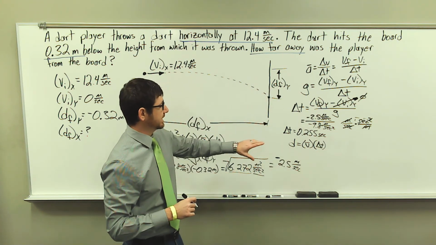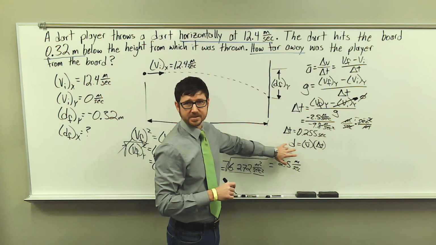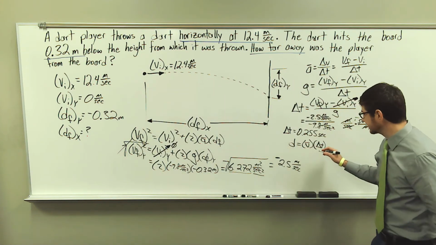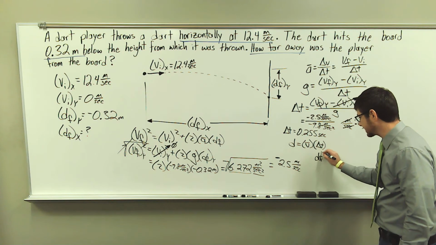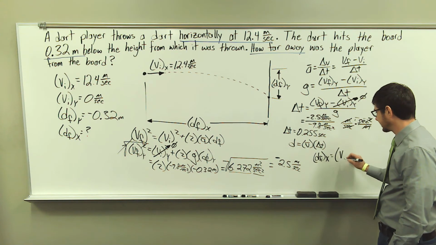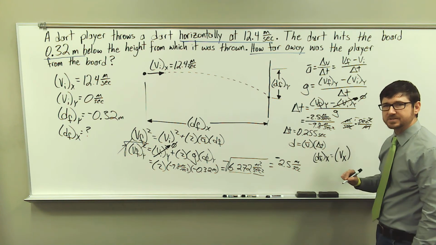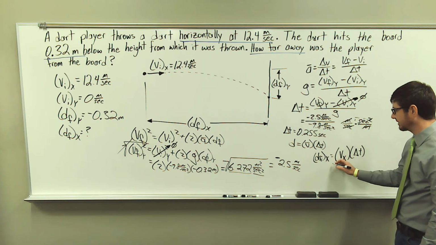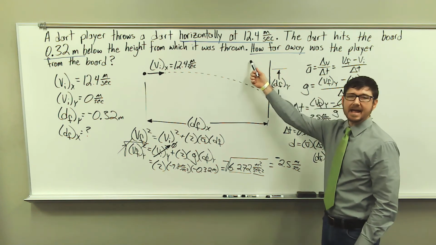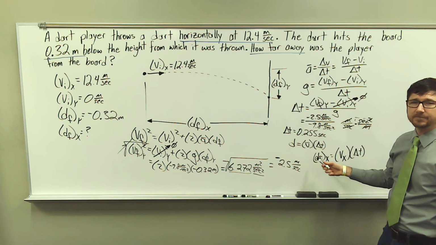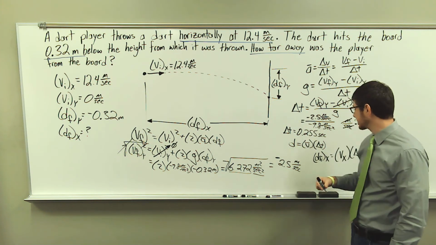So if we use this equation, and we adapt it to our situation, what we have is the final displacement in the x direction is equal to our velocity in the x direction multiplied by our time interval, okay? And the problem wants to know how far away. So this is what we need to calculate, the final displacement in the x direction.